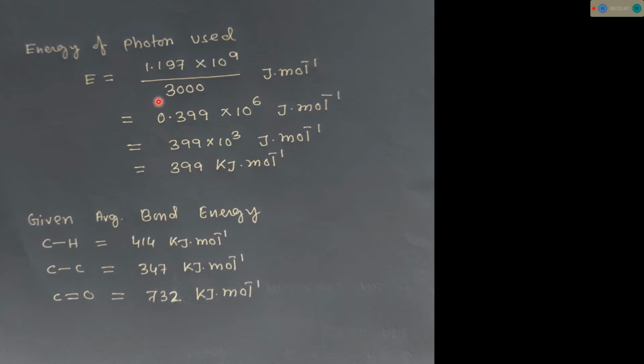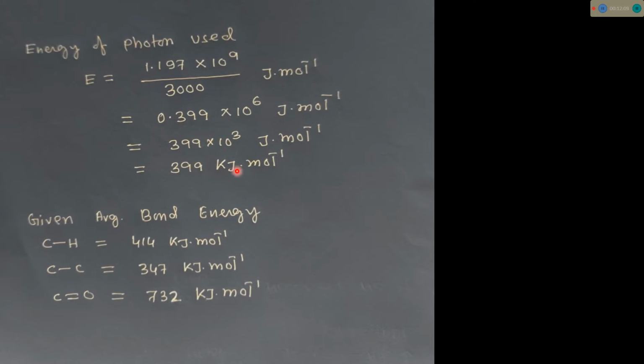From this expression, if we put the lambda value, the energy we get is the energy of 1 mole of photons, that is called Einstein or capital E. Then E becomes 399 kilojoule per mole.